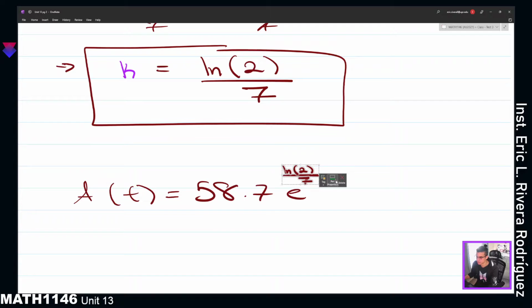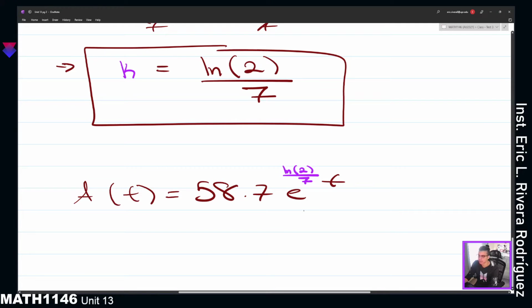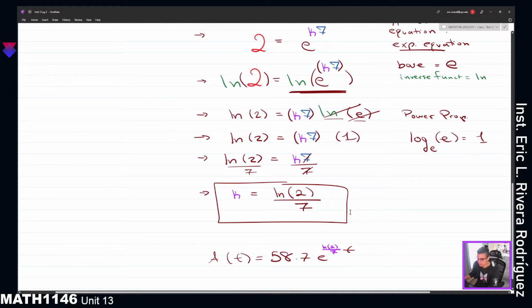Let me change this by colors, so at least we can see by colors. Okay, so this is the final expression. t is being multiplied by that fraction of natural log of 2 divided by 7. Okay. So how would you write that on ALEKS?